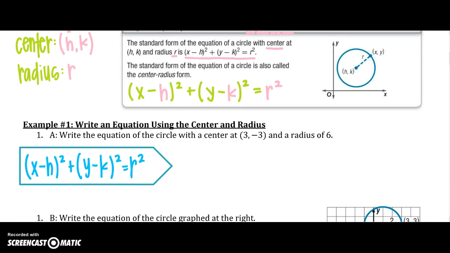So let's see how that looks with a couple of examples. Write the equation of a circle with our center at (3, -3) and our radius at 6. So we know that our center is (h, k), and so 3 would be h, -3 would be k, and our radius is 6, so that will be our r. So I'm just going to follow this equation. So x minus 3, now because this is positive, it just goes straight in there.